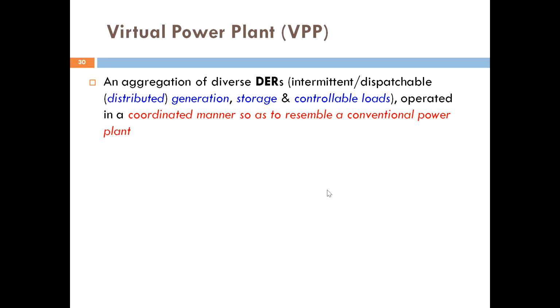A virtual power plant, or a VPP, also tries to aggregate a variety of distributed energy resources, and the main goal for a virtual power plant is to come up with an aggregated portfolio of distributed energy resources that are meant to operate together so that they actually resemble a conventional power plant.